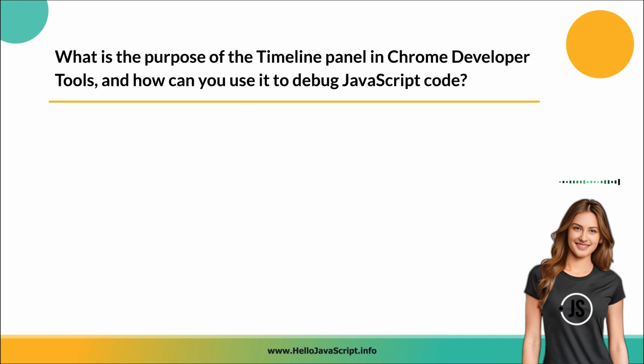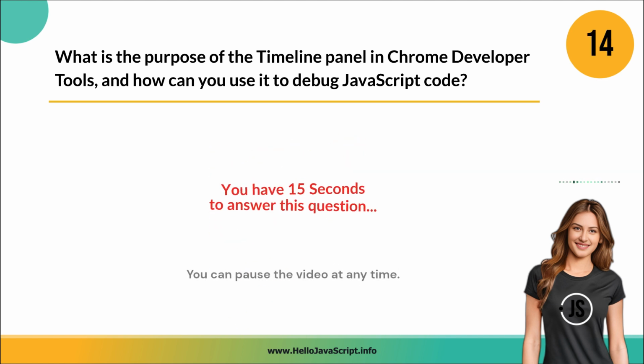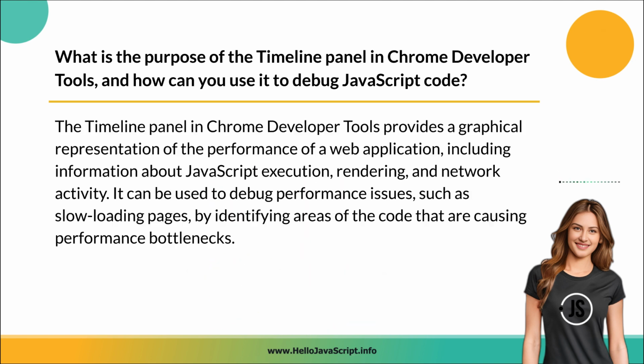What is the purpose of the Timeline panel in Chrome Developer Tools, and how can you use it to debug JavaScript code? Here is the response to this interview question.